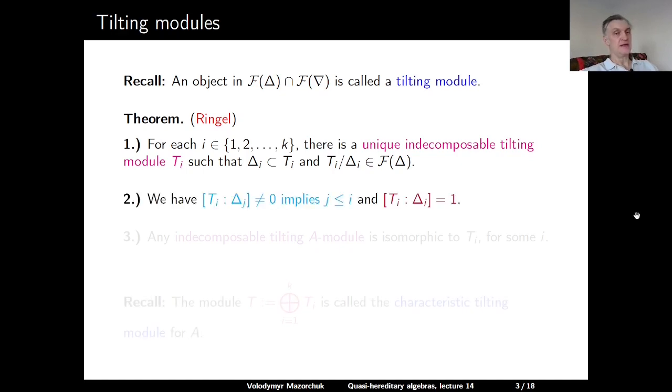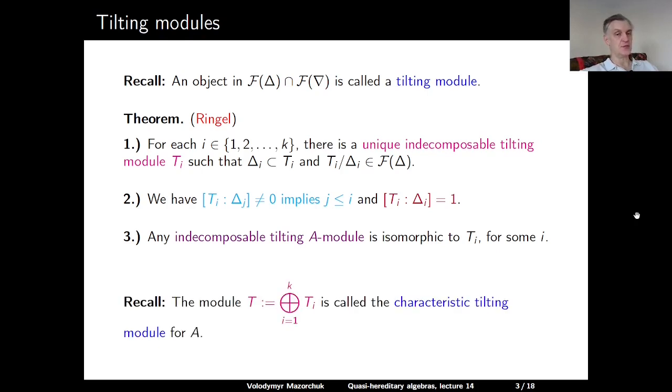We have that the multiplicity of delta j in a standard filtration of Ti is positive only if j is less than or equal to i, and the multiplicity of delta i in Ti is 1. And any indecomposable tilting A-module is isomorphic to Ti for some i. Then we have the characteristic tilting module T for A, which is the direct sum of all these Ti's, where i ranges between 1 and k.